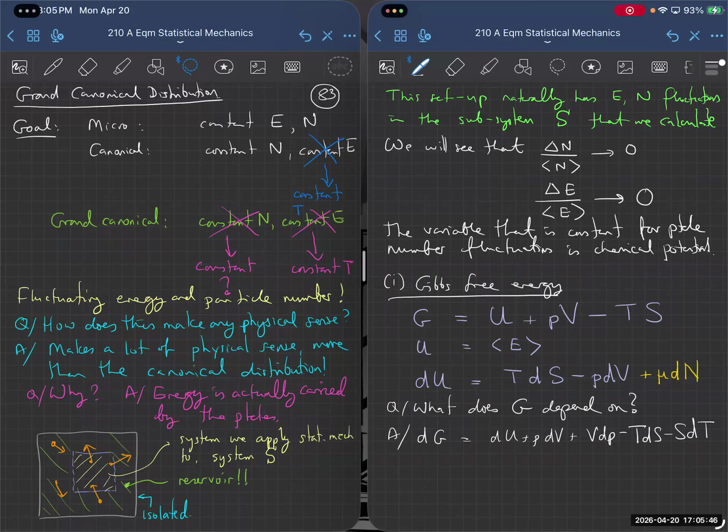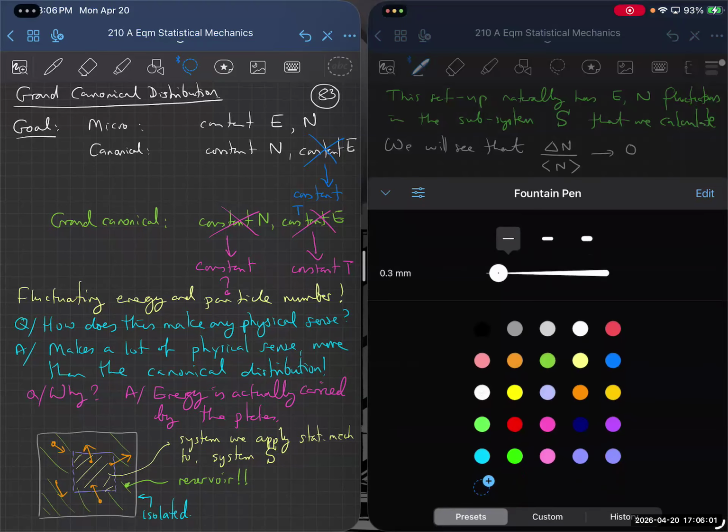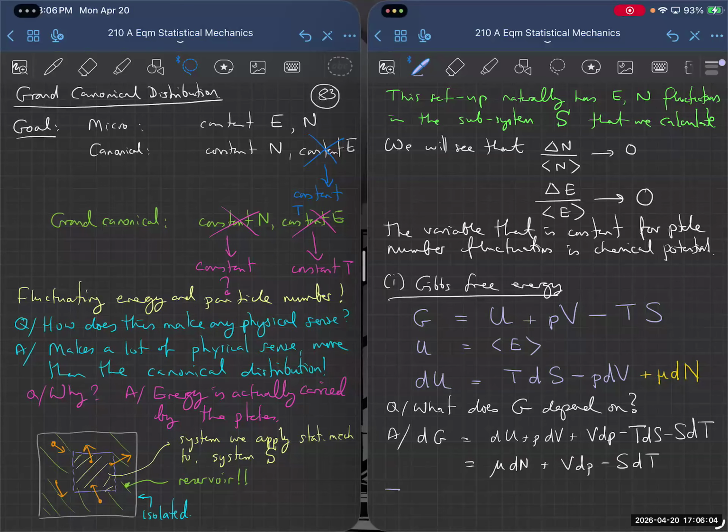That's from calculus. And then putting in the first law of thermodynamics, that is equal to mu dN plus V dP minus S dT. And so that tells me that the Gibbs free energy is a function of N, T, and P, because its derivative is a function of dN, dP, and dT.